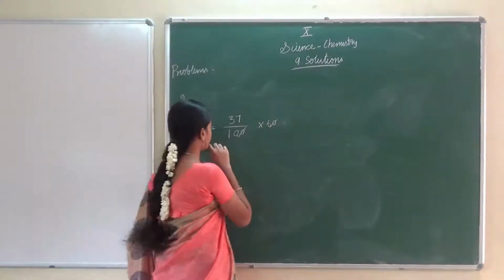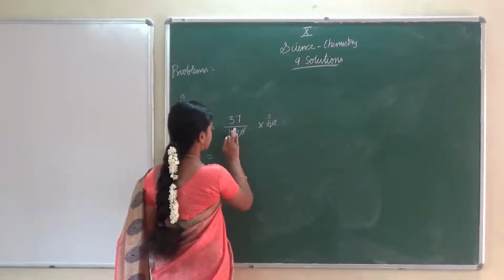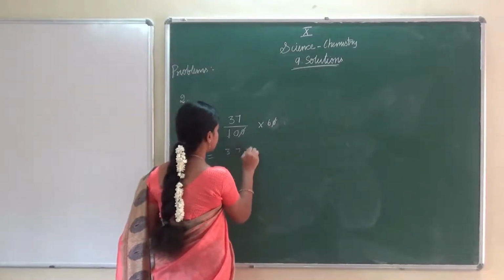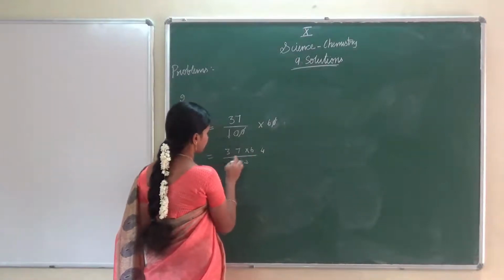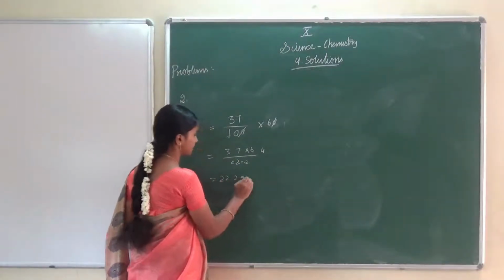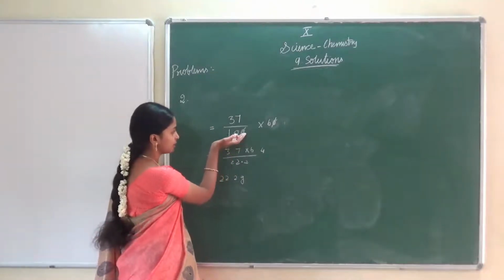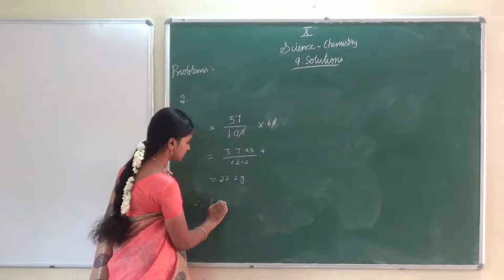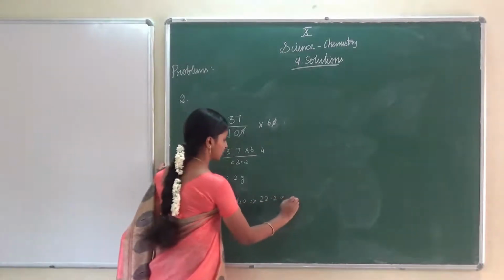When you simplify, you will get... we need 22.2 gram of KCl.